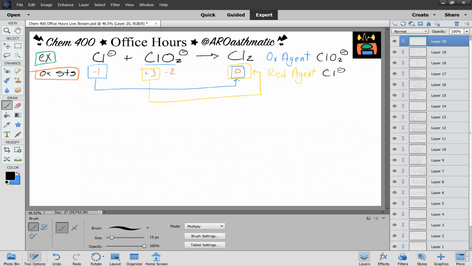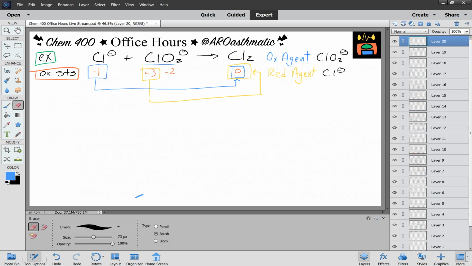The second part of the problem, we need to use the half reaction method to balance this chemical reaction that takes place in acidic media. So the first step of the half reaction method is we need to split our reactants up into the oxidation half reaction and reduction half reaction.